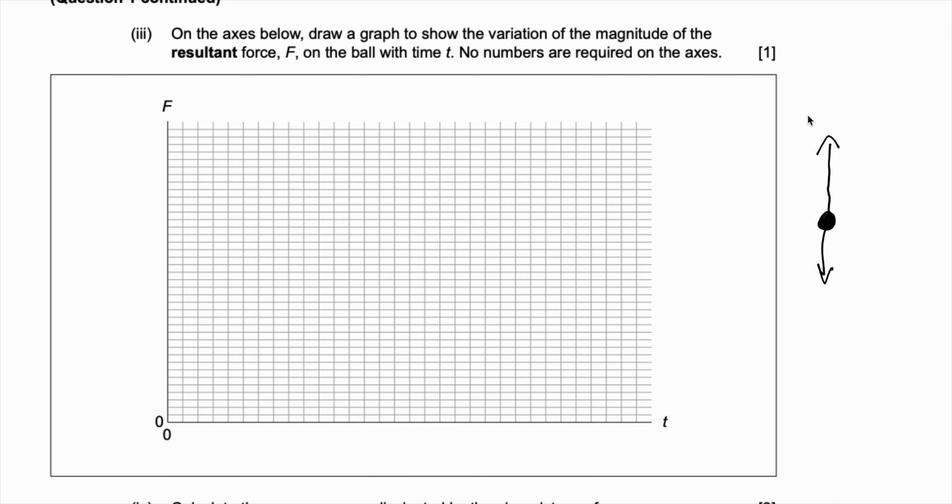The resistive force is basically just your drag force, and your weight. At one point in time your weight will be greater than the drag, but eventually, as time goes on, your weight will be equal to the drag.